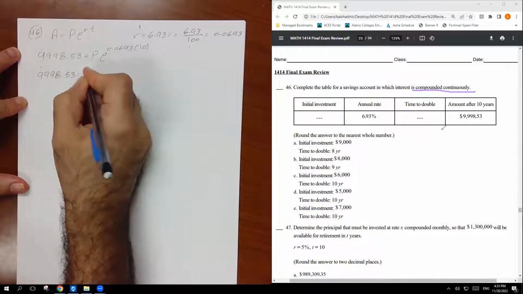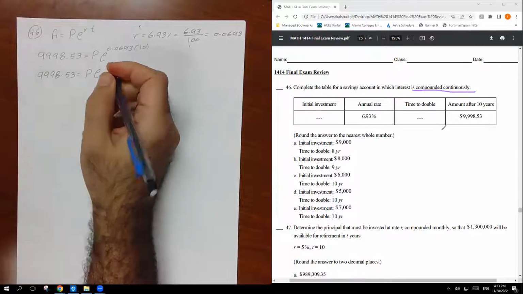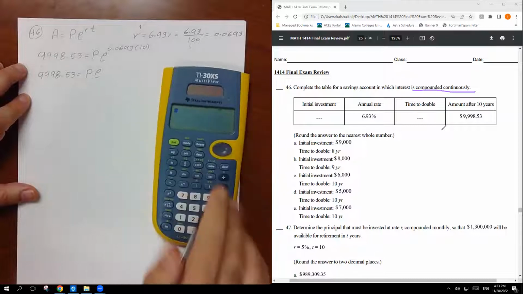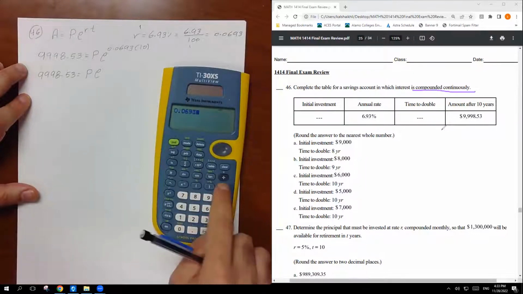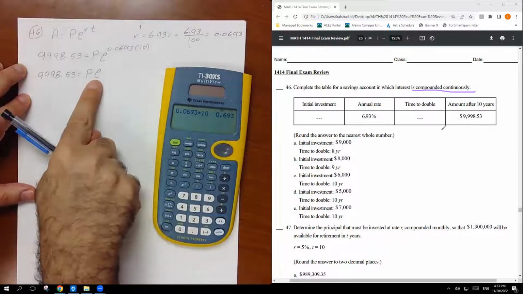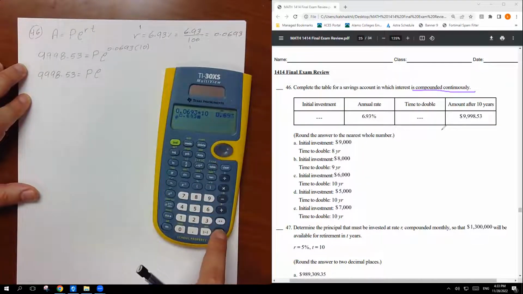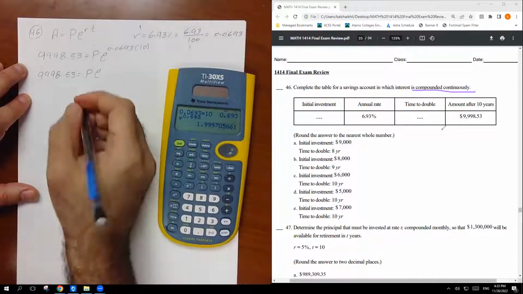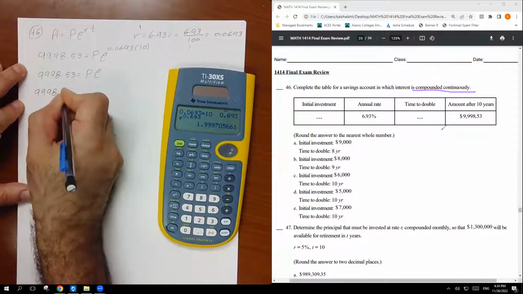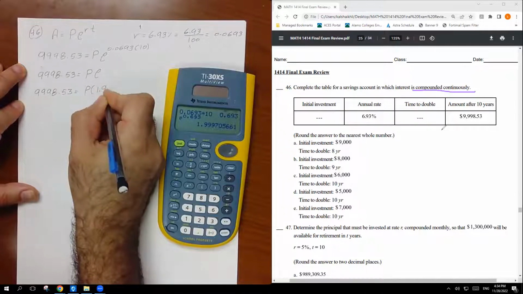In this case, 9,998.53 is going to be equal to P e^(0.0693 times 10). You raise it to the power, the e function, of this number, and it's going to be 1.999 and so on. So 9,998.53 is going to be P times 1.999.